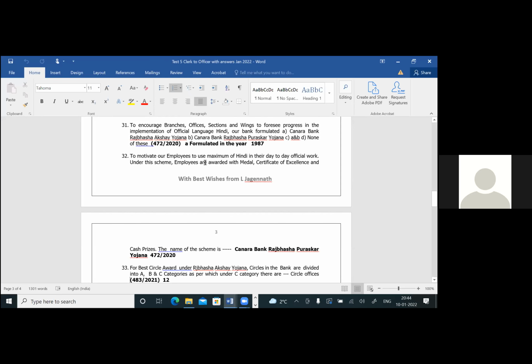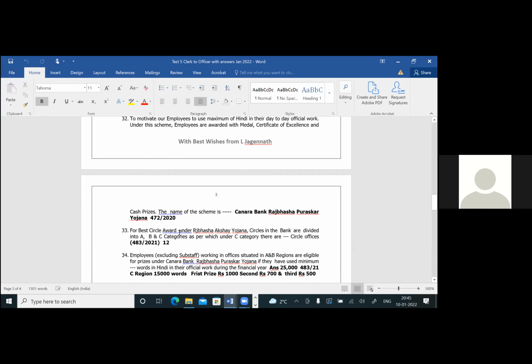To motivate employees to use Hindi, there is another scheme called Canara Bank Rajbhasha Puraskar Yojana. So Akshaya Yojana is for branches and offices, and Puraskar Yojana is for employees. The difference between the two is given in 472 by 2020.